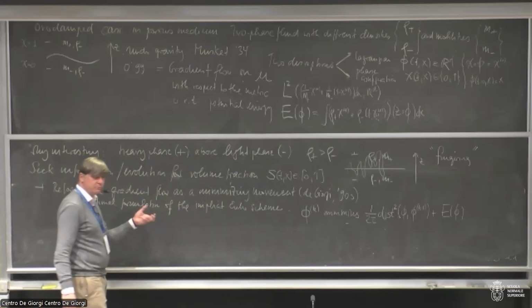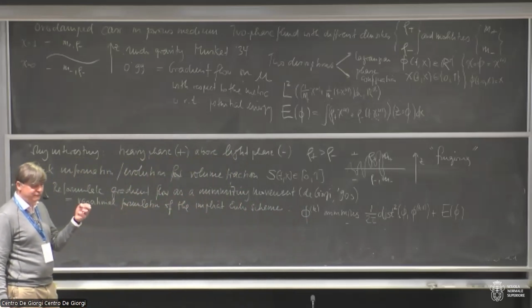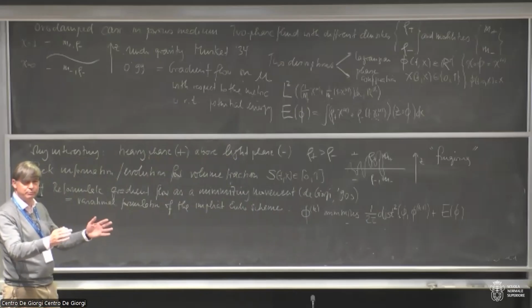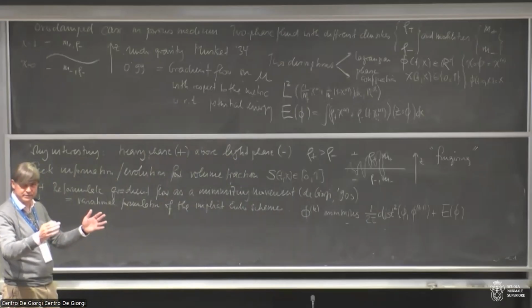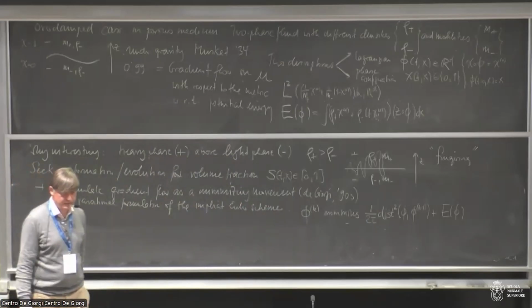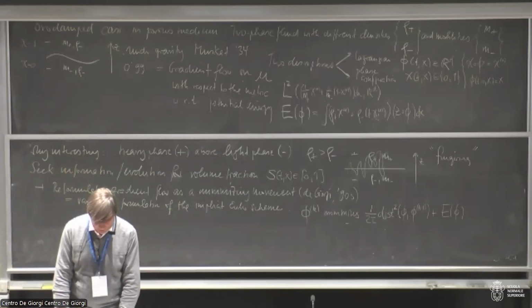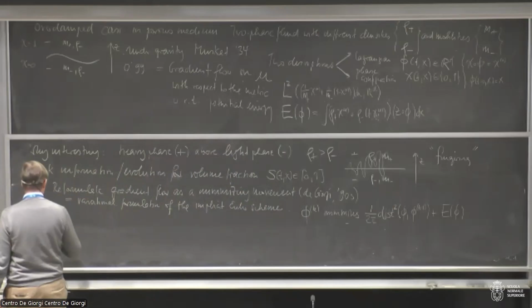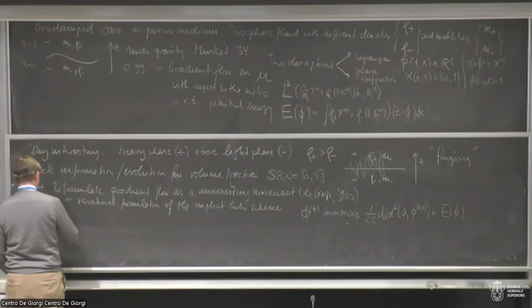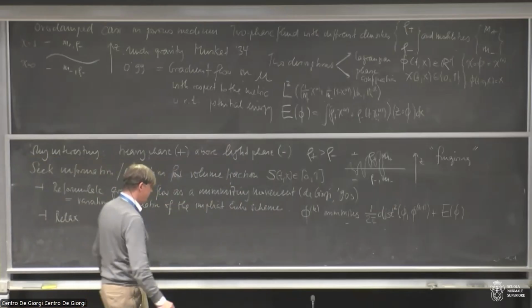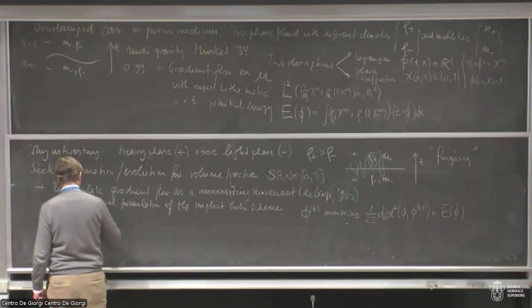And once you have a variational problem, you have a very black box way of relaxing a variational problem in the presence of microstructure, in the presence of weak convergence as opposed to strong convergence. So that's exactly the next step: relax this variational problem.